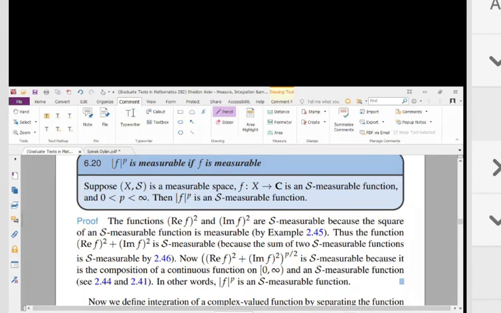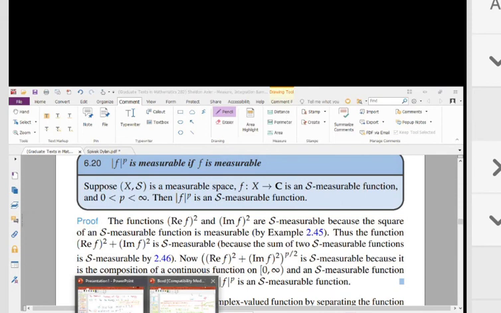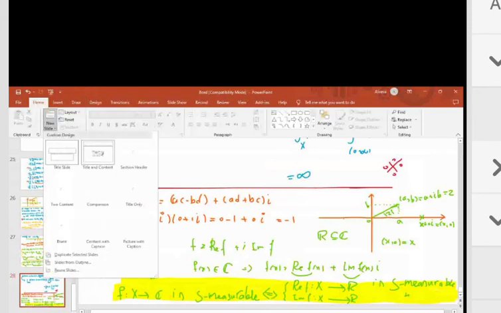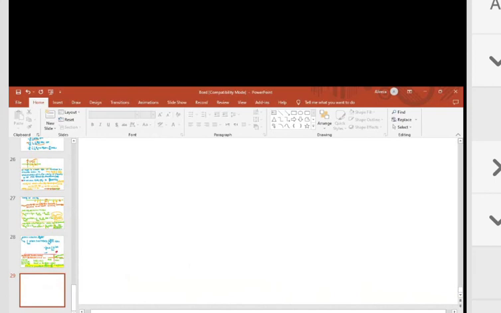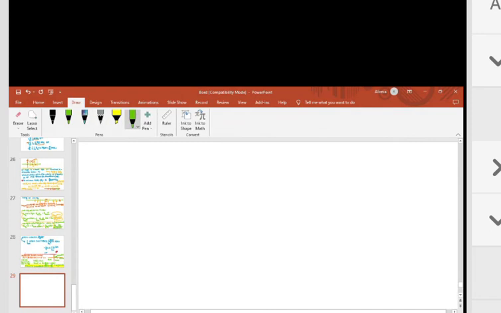Please note that if we have a measurable function combined with a continuous function, this is continuous and this is measurable, for example, this combination is measurable too.